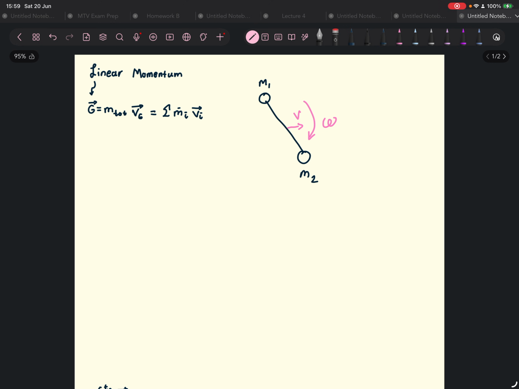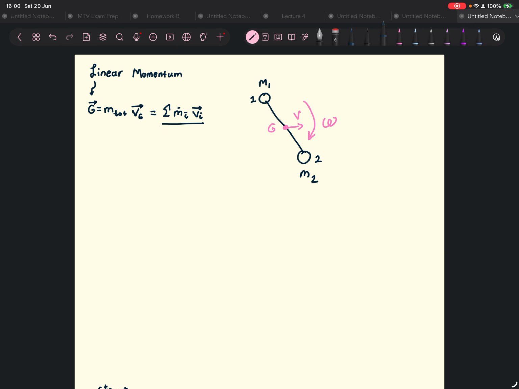To use this equation here, we're going to take the sum of each of the masses and multiply them by their respective absolute velocity. So let's say this entire system is rotating about its center of gravity g, and we wanted to use this equation here. I'm going to call this particle 1, particle 2.